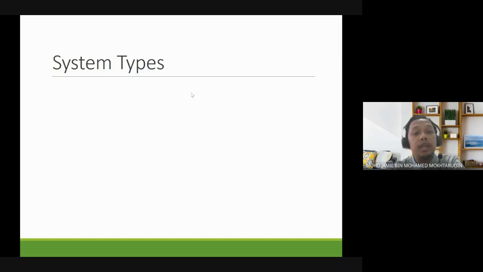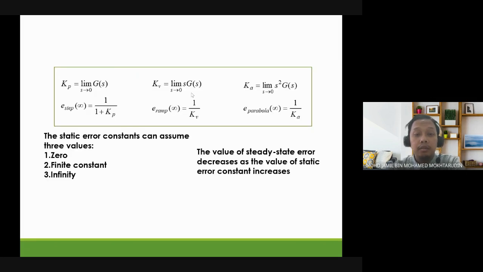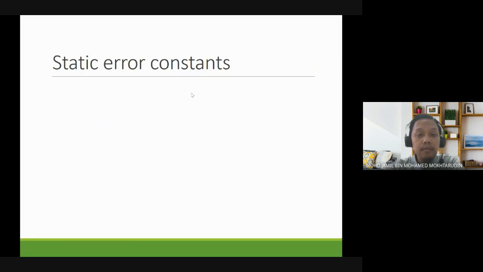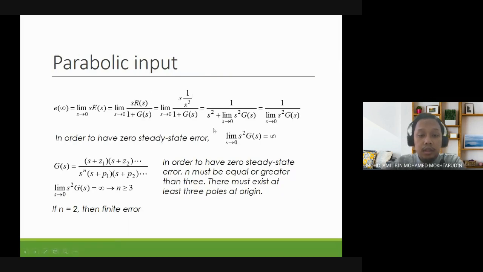Okay, now let's look at the type of system. Just now we had the value n here. This n actually represents the type of system that G(s) possesses.